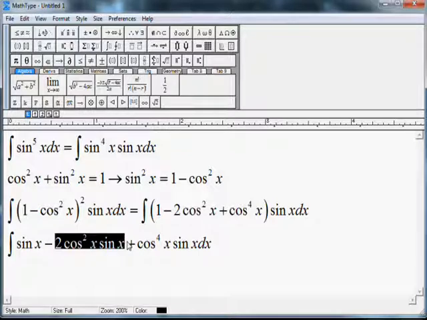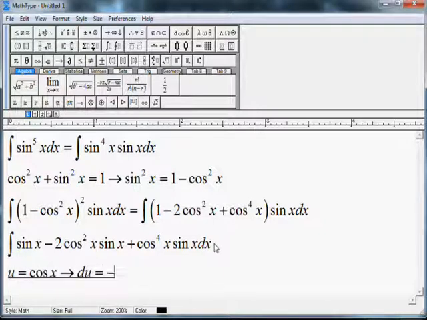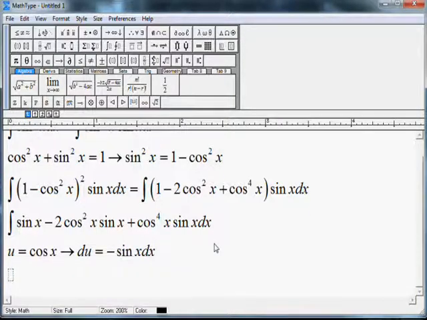That one's simple. This one we make u cosine. This one we also make u cosine. So if u equals cosine of x, then du equals negative sine of x dx. Well, let's just do the integrals.